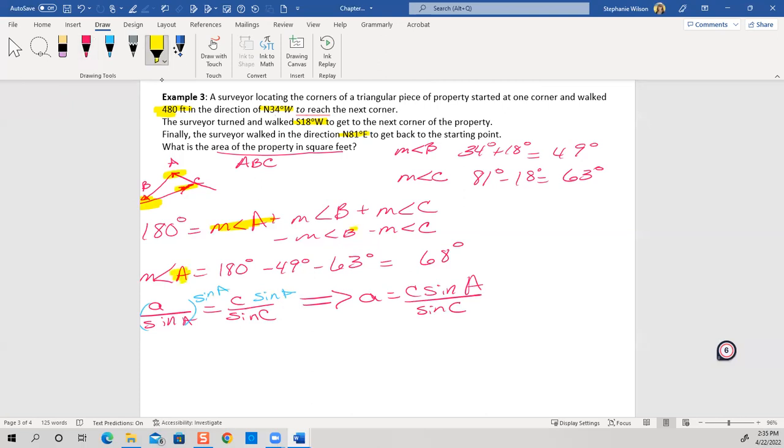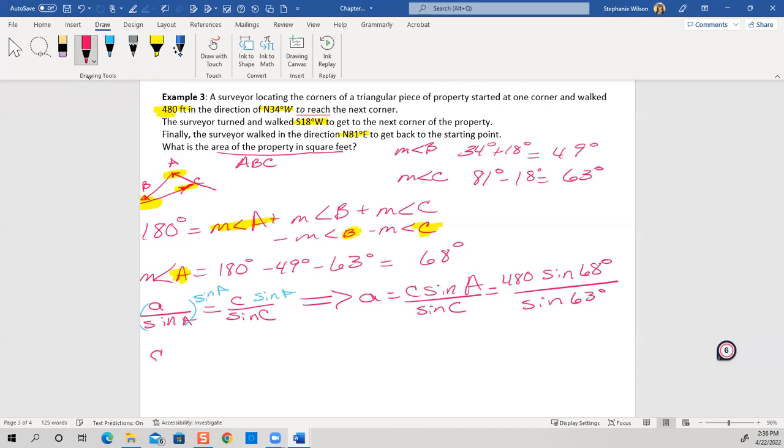See it? That's what I'm calling. All right. Well, we already know what A and B and C are now as far as the measures go. And I'm going to plug in what I know. So little c is 480 feet, sine of 68 degrees divided by sine of 63 degrees.